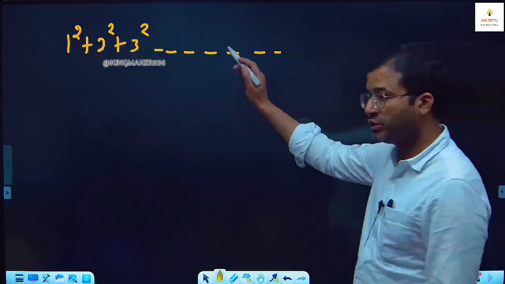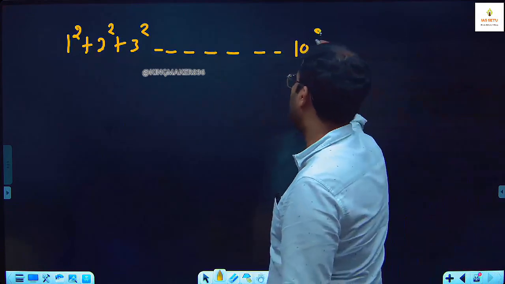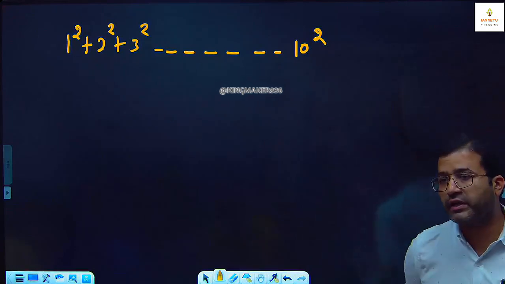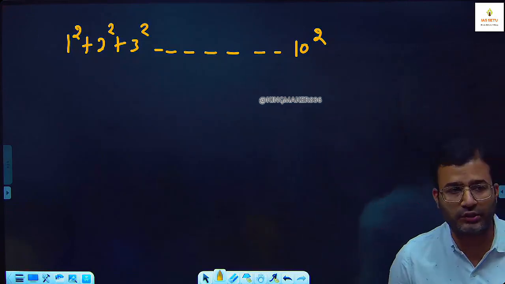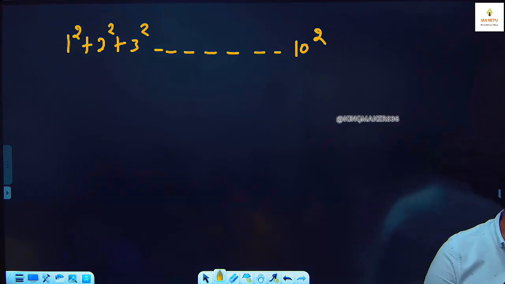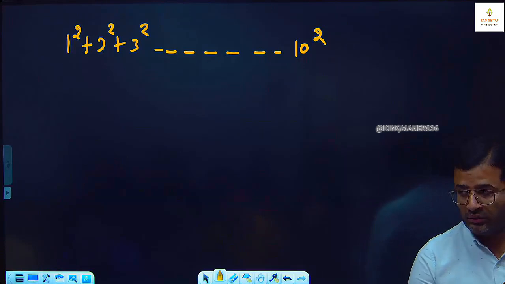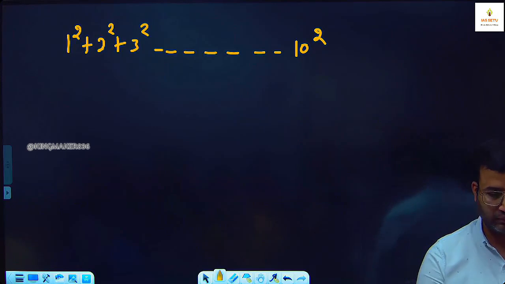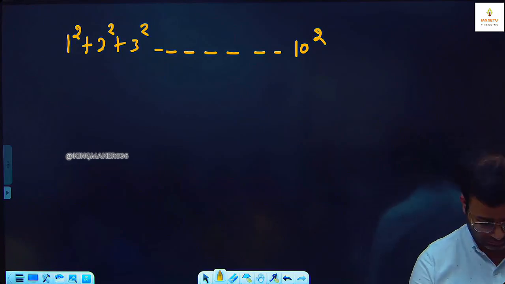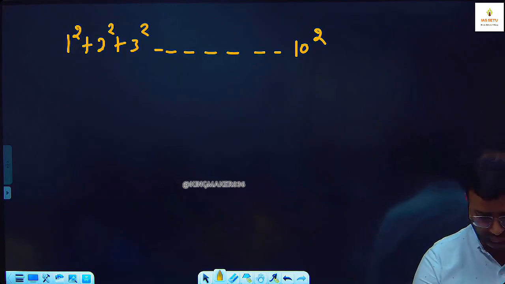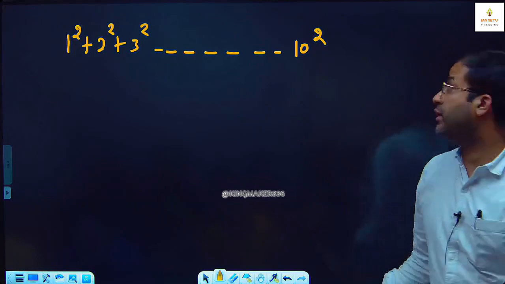My question is 1 square, 2 square, 3 square up to 10 square. So value of n here is 10 in this question. Okay, so value of n is 10.